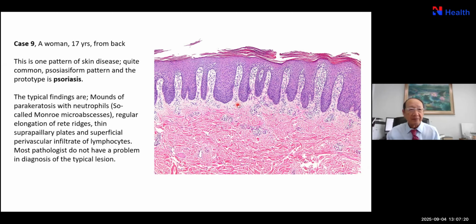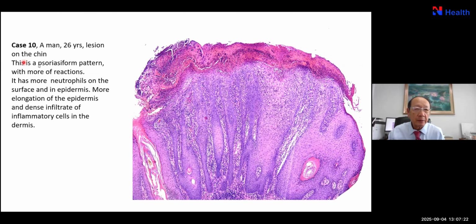The next one, a man 26 years old, also has a psoriasiform pattern, with inflammatory cells on the surface. This has erosion, with a lot of neutrophils, white cells, and red cells on the surface, and numerous cells in the epidermis.